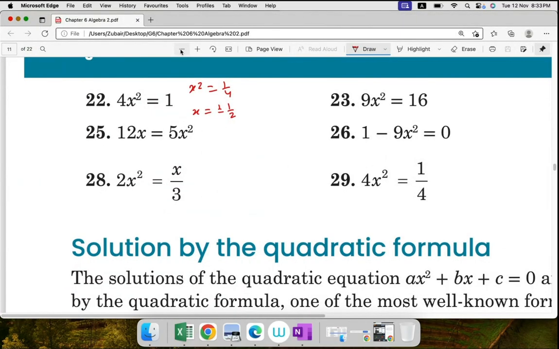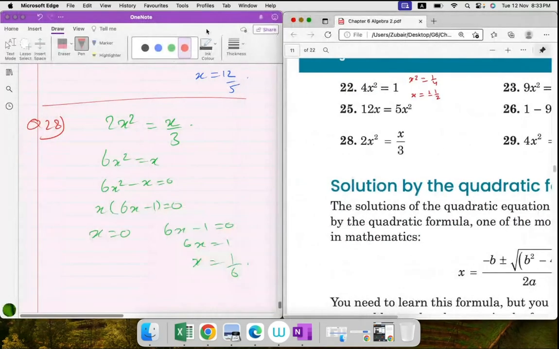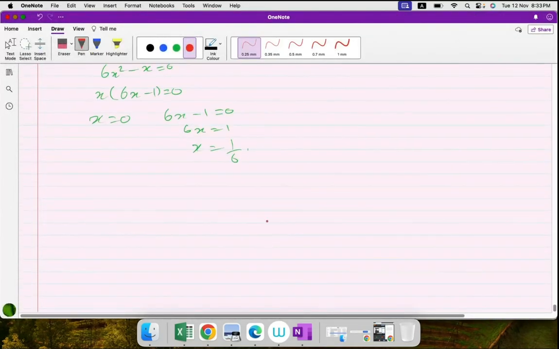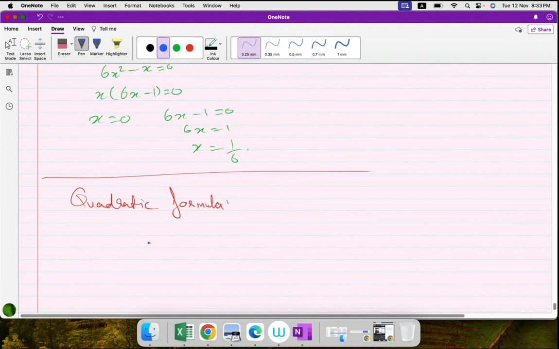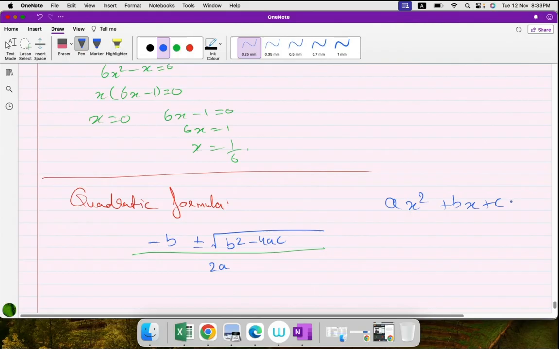Okay, solutions by quadratic formula. Basically, the quadratic formula is this: minus b plus minus square root of b square minus 4ac, whole divided by 2a, where the quadratic expression is ax square plus bx plus c, and the equation is equal to 0.